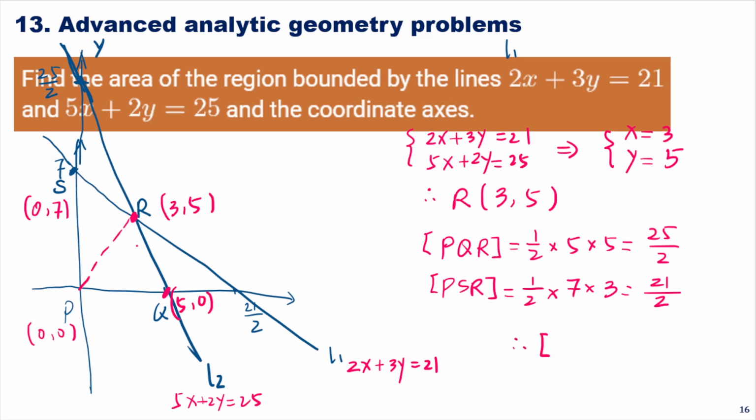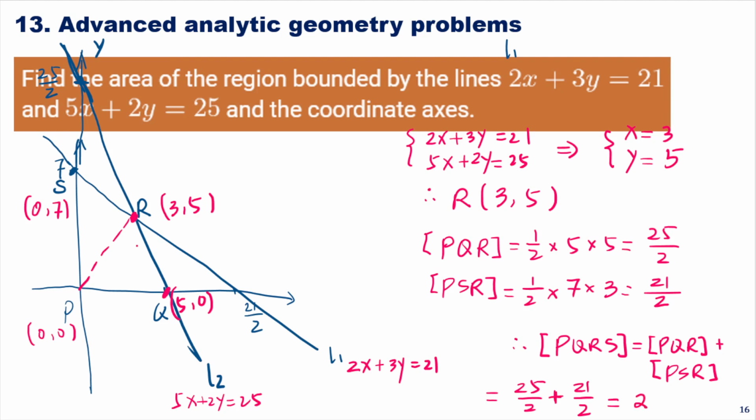And therefore the area of PQRS equals the area of triangle PQR plus the area of triangle PSR, and this gives us 25 over 2 plus 21 over 2, and eventually this gives us 23. Do you get it?